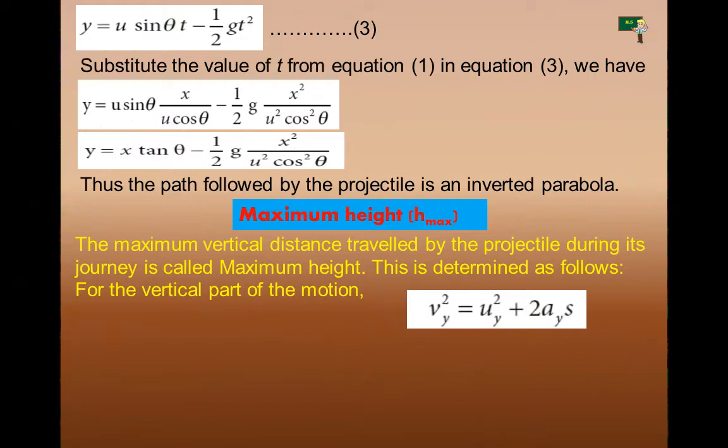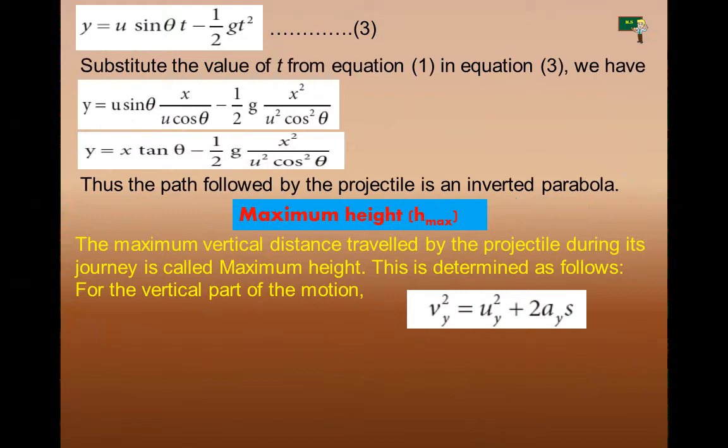Imagine when a footballer hits the ball, it travels to a maximum height, but at the end it reaches the opposite goal post. So the maximum height travelled is called the maximum height here. This is determined as follows.